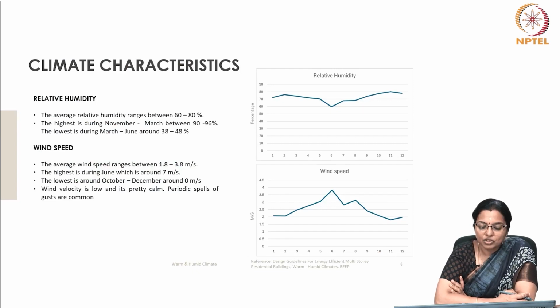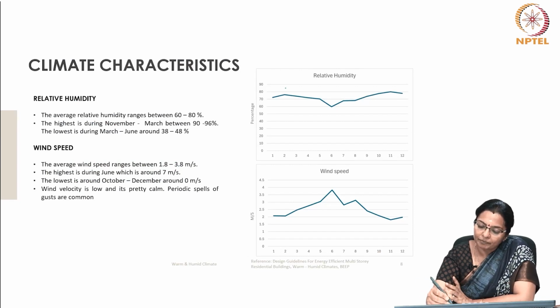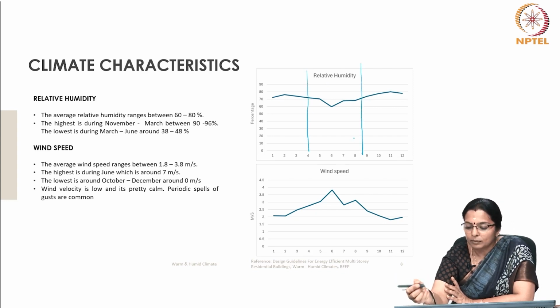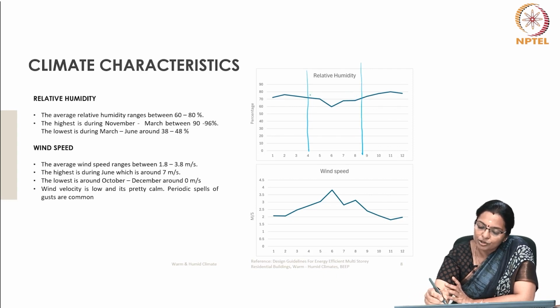The average relative humidity here ranges between 60 to 80%, and the humidity is low as compared to the other months between April to maybe early August or July. So, between April to July, when it is extremely hot, the relative humidity takes a slight dip.